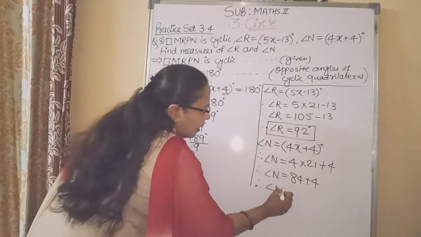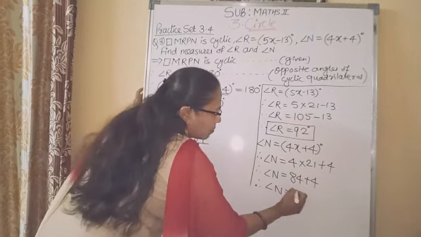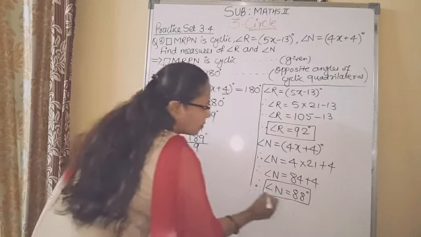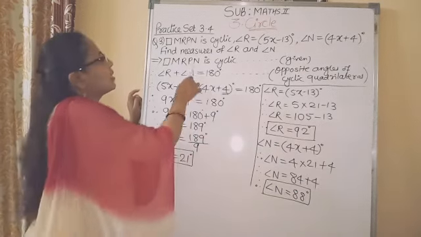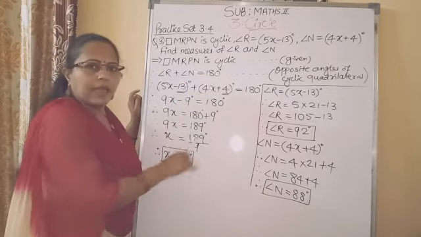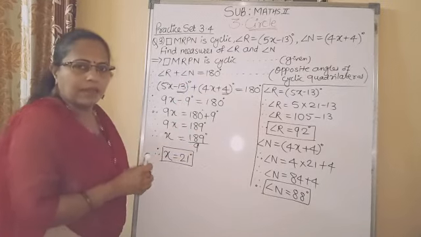Therefore, angle N is equal to 88 degree. So, using the cyclic quadrilateral theorem, we calculated angle R and angle N.